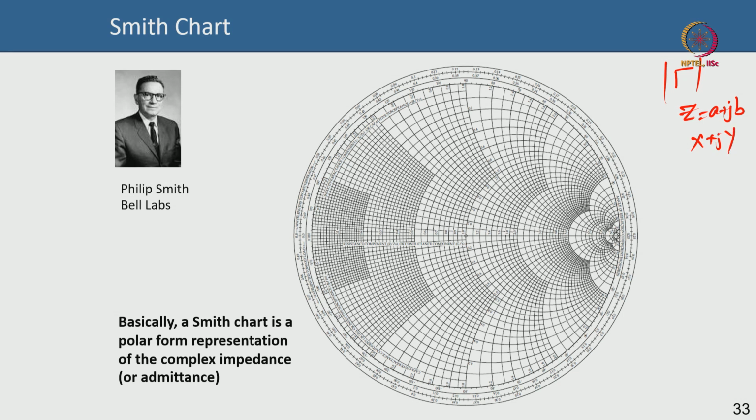It has a real part and an imaginary part, it is a rectangular coordinate. You are converting that into a polar form, say gamma into e to the power minus j theta, and you are representing it in the Smith chart. So the Smith chart is a polar form representation of these complex impedances.